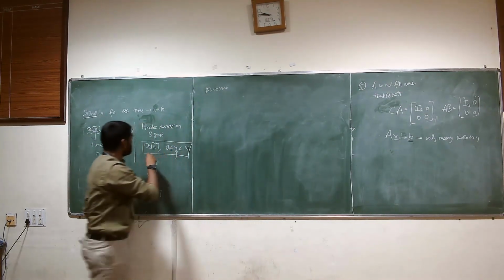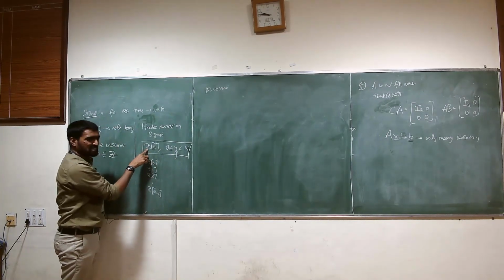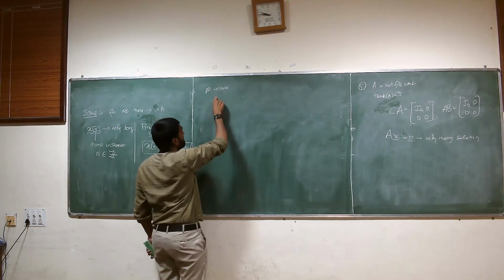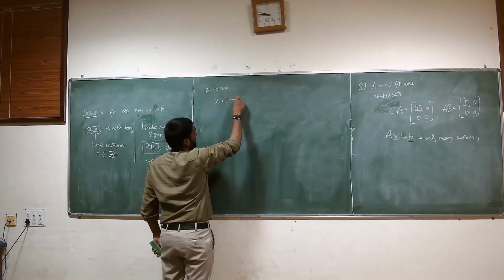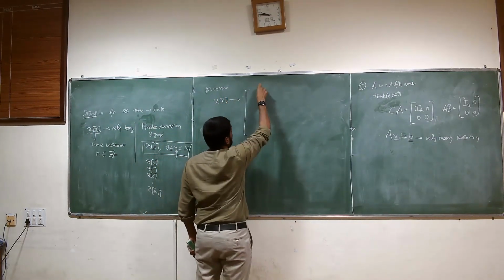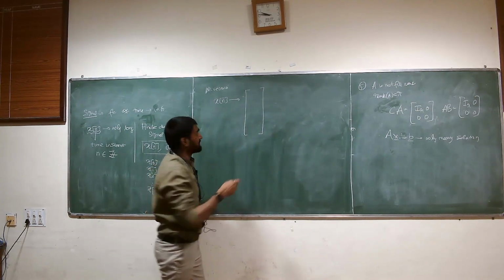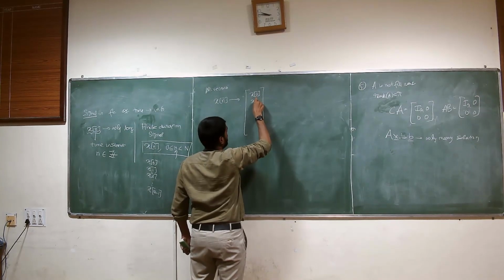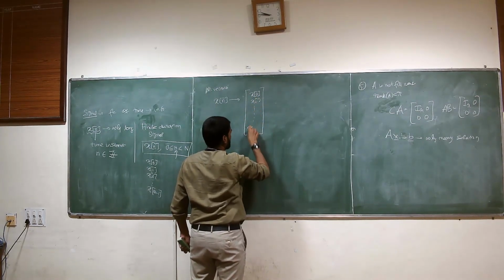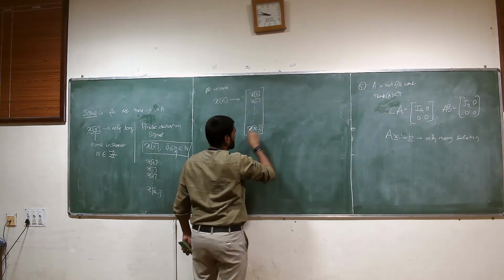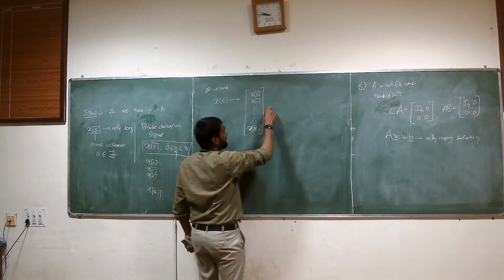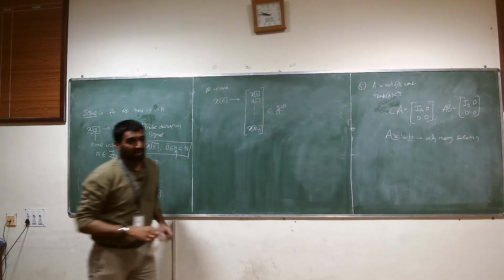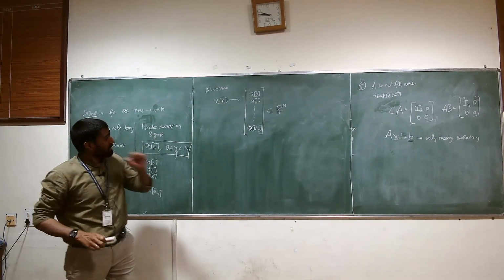Let's assume for now that the signal takes on only real values. That means my x of n, I could write it as a column vector. The first value is x of 0, second value is x of 1, so on and so forth, and x of capital N minus 1. And this is simply an element from my vector space R^N, right?